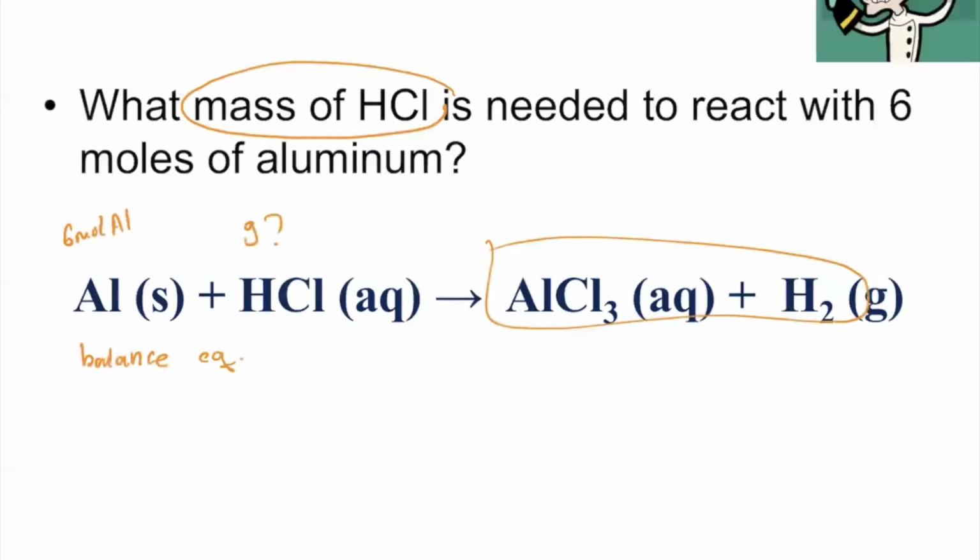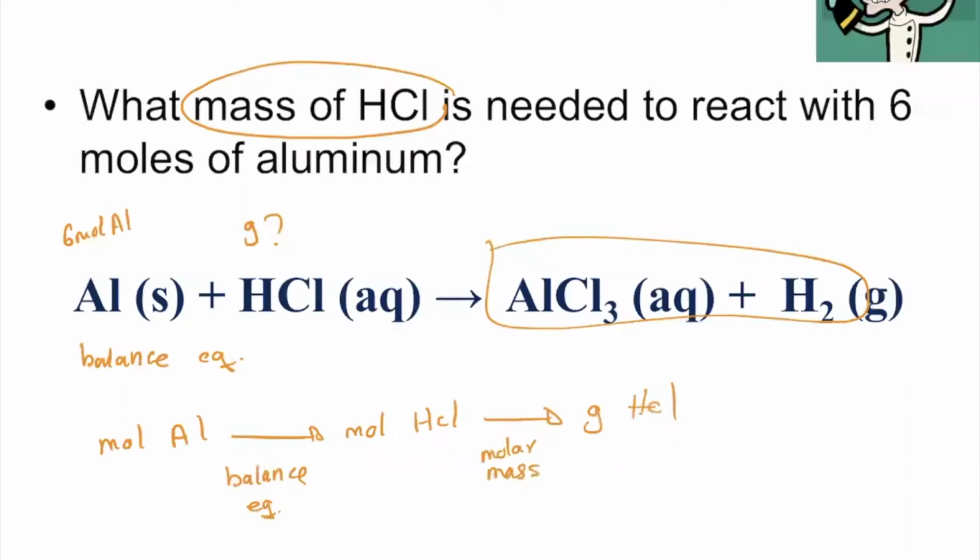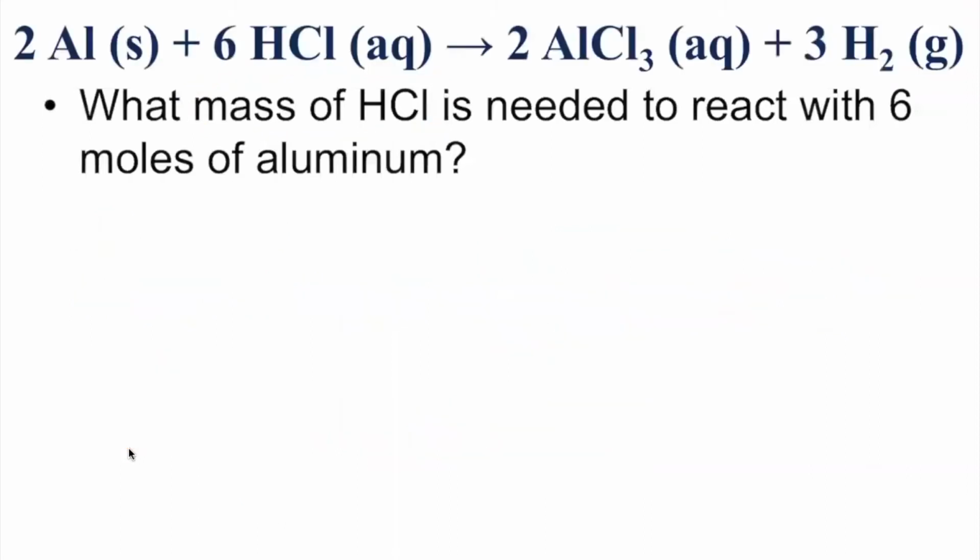Then what you're going to do is go from moles of aluminum to moles of hydrochloric acid to grams of hydrochloric acid. So from moles to moles, you're gonna use the balance equation. And from moles to grams, you're gonna use the molar mass of hydrochloric acid. And here's your answer.